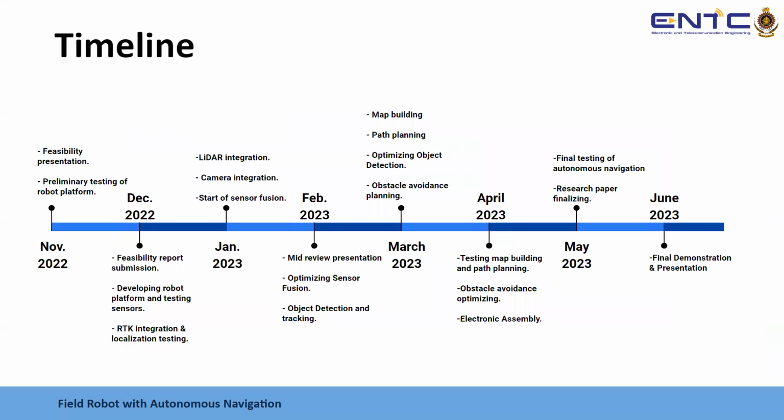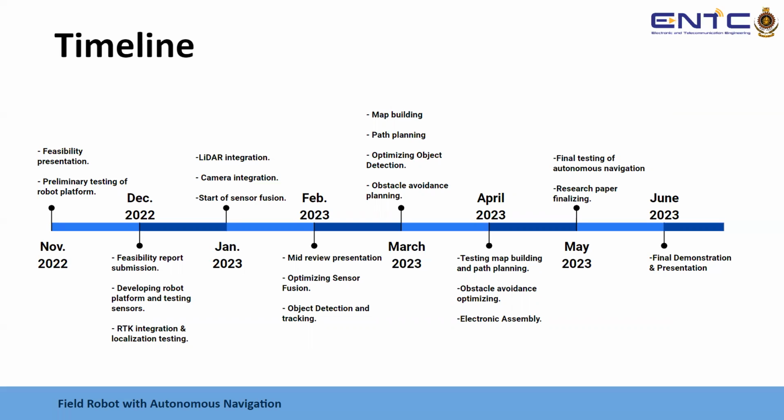Speaking about the timeline, currently now we are at our feasibility presentation and preliminary testing stage of the robo platform. By December, we plan to develop the robo platform and test the sensor and RTK integration. By January, we plan to integrate the LiDAR camera and start the sensor fusion.